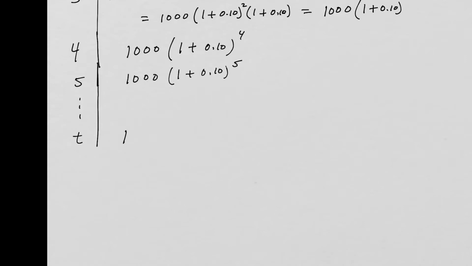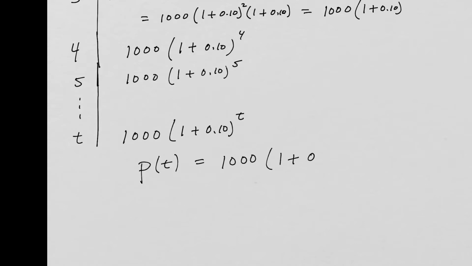Well, that'll be 1,000 times 1 plus 0.10 to the t. So what we can say is that the population for town B, I'll call that P again, as a function of t, is equal to 1,000 times 1 plus 0.10 to the t.